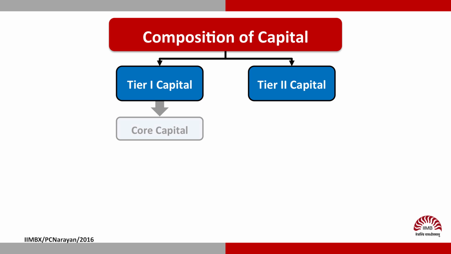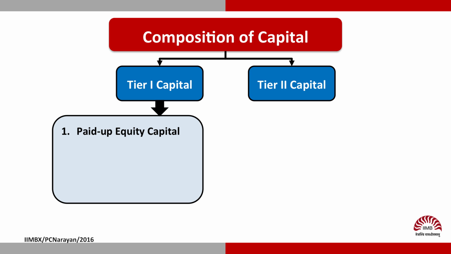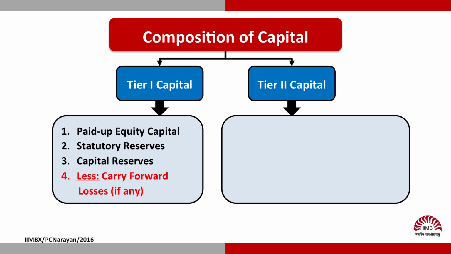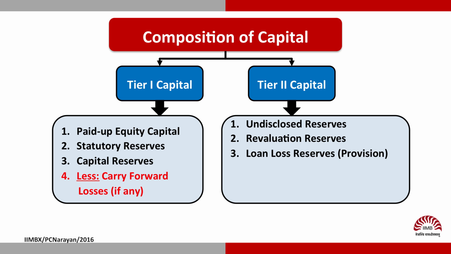Tier 1 capital is the core capital comprising paid up equity capital, statutory reserves, capital reserves, less the carry forward losses, if any, reflected in the balance sheet of the bank. Tier 2 capital comprises all other forms of reserves: undisclosed reserves, revaluation reserves, loan loss reserves, investment fluctuation reserves.